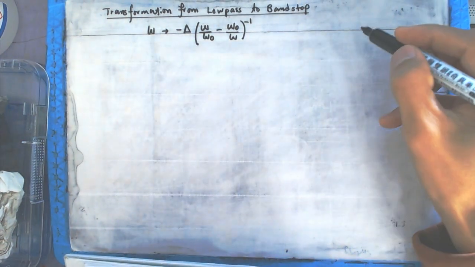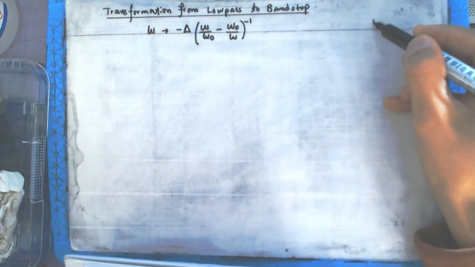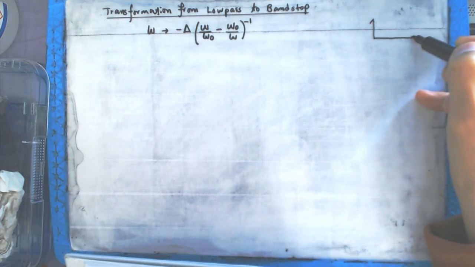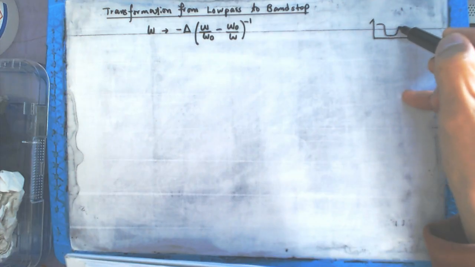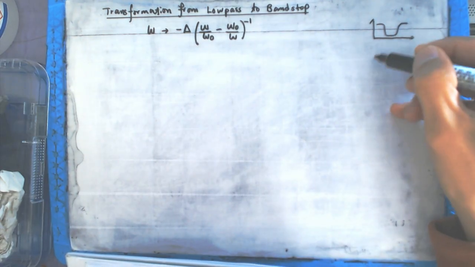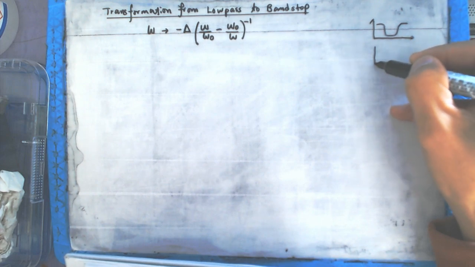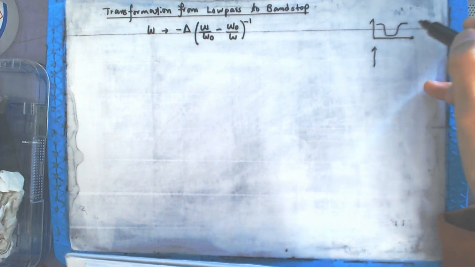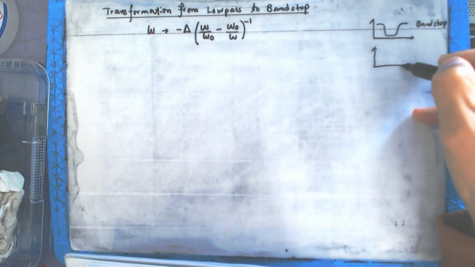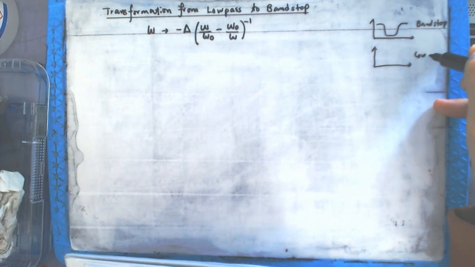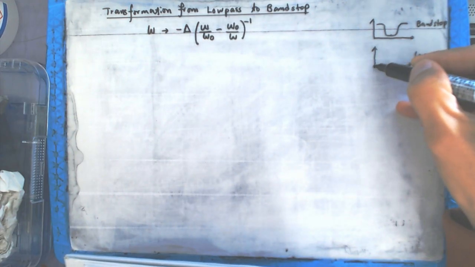you might have a band stop characteristic like this. So what you are going to do is transfer it to low pass. This one will be matched in the middle, and this one will be matched in here.